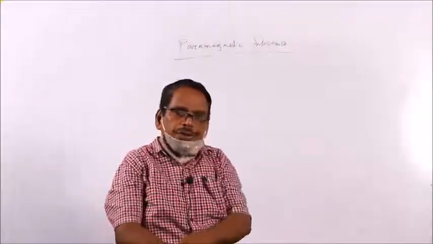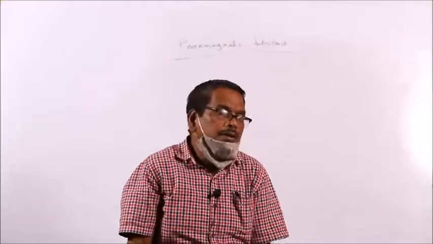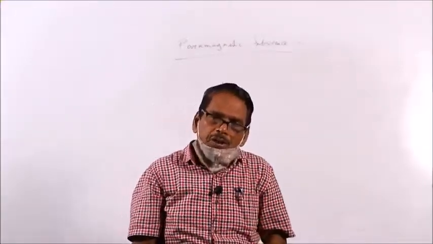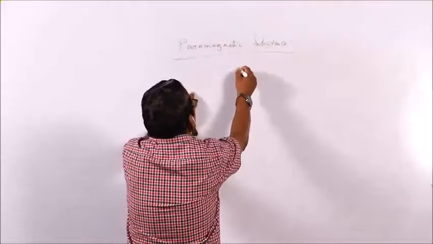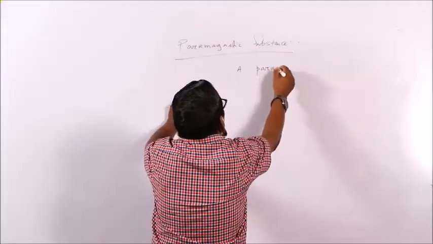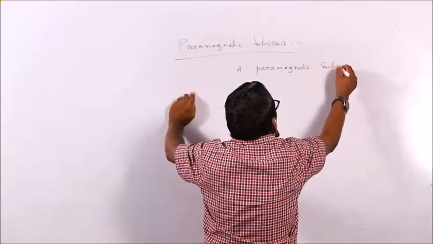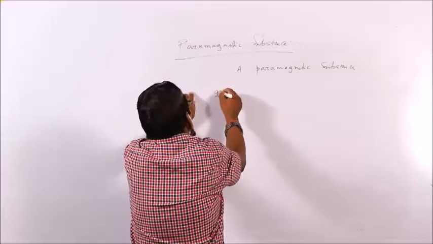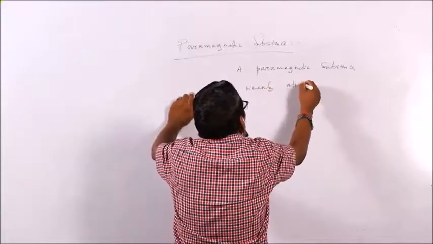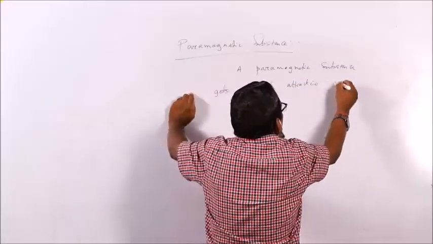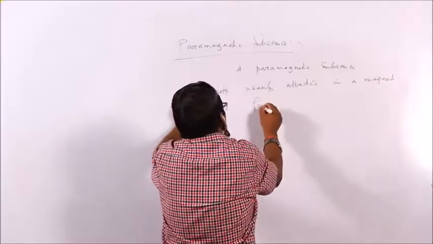What is a paramagnetic substance? A paramagnetic substance gets weakly attracted in a magnetic field. A diamagnetic substance gets repelled, but a paramagnetic substance gets weakly attracted in a magnetic field.